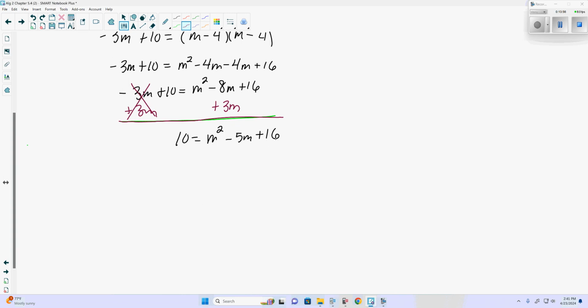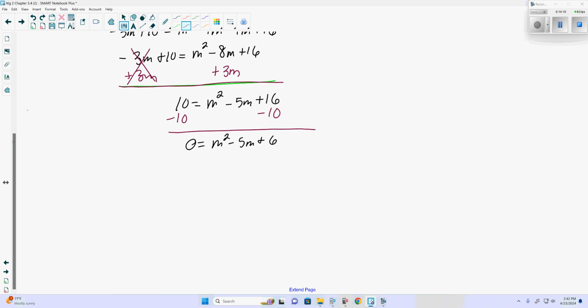And then indeed we would minus 10 from both sides. Telling us that 0 is equal to m squared minus 5m plus 6.